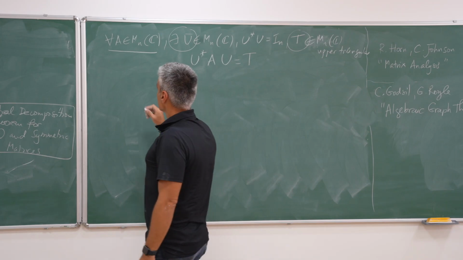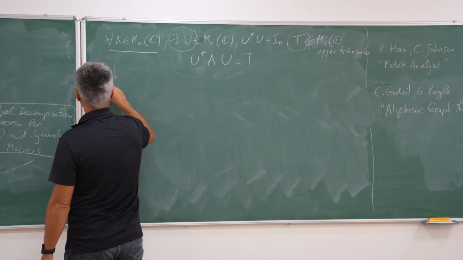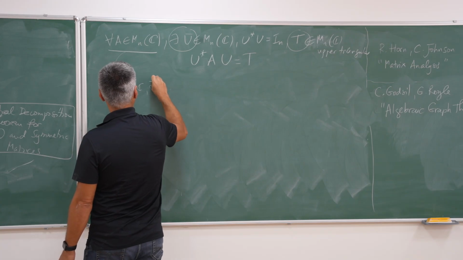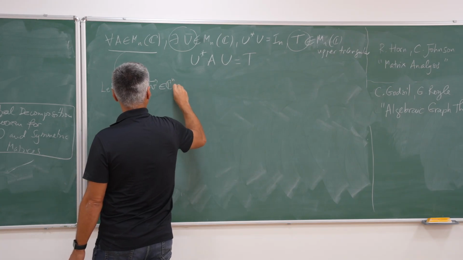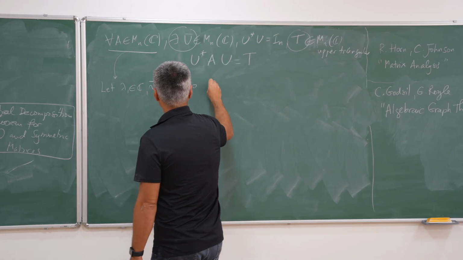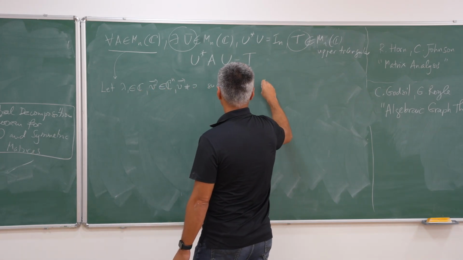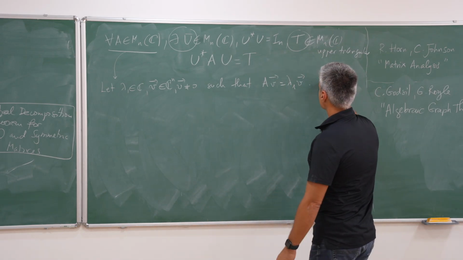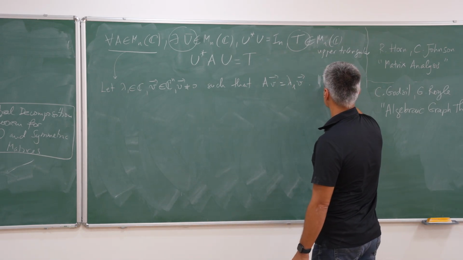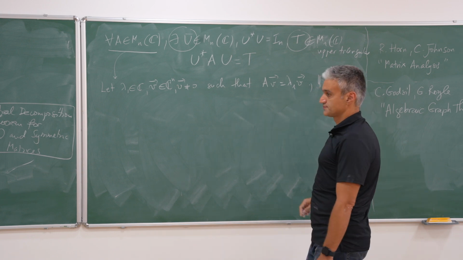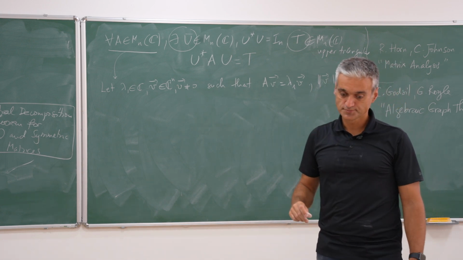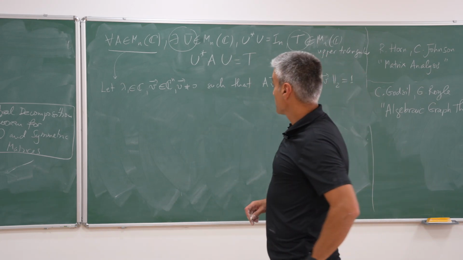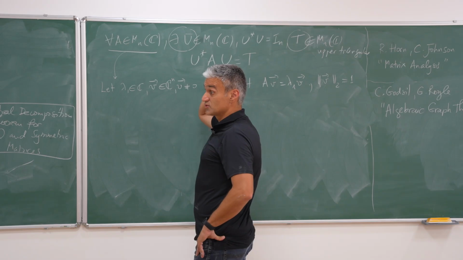So what you start with is, because A is complex, A has an eigenvalue lambda 1, complex, and an eigenvector V, such that you can take V to be of length 1. And now what are you looking for? You're looking for U unitary.